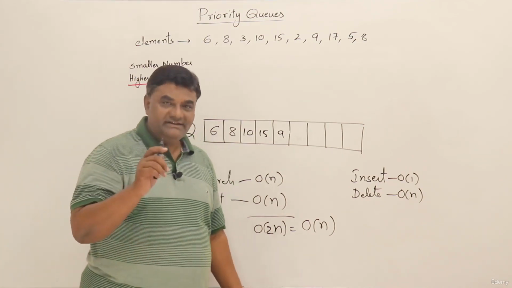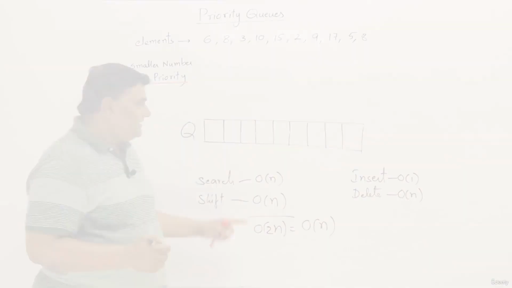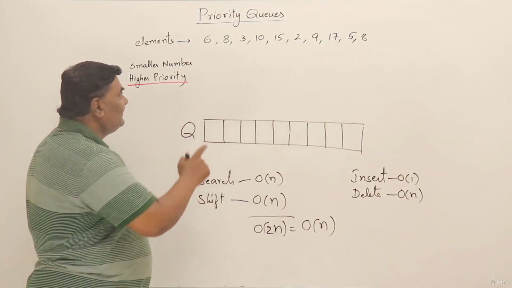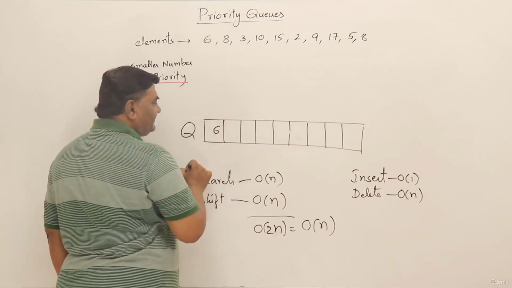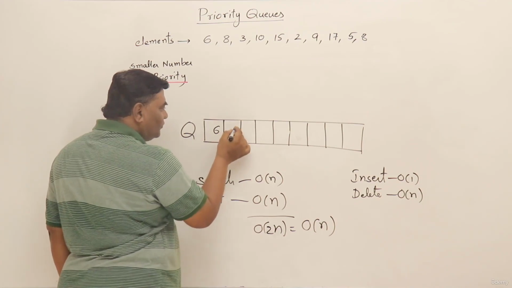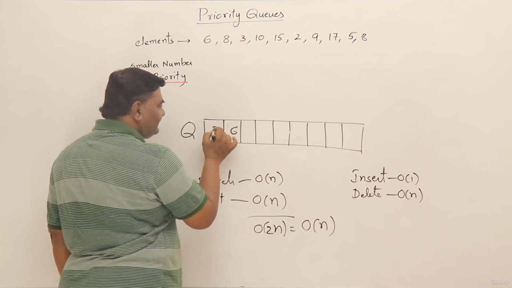Now I will show you the second method, that is the second suggestion. Now in the second suggestion I will insert those elements. Just watch how I am inserting. 6, okay, 6, perfect. Then 8, see 6 is smaller than 8. Move 6 here and insert 8.